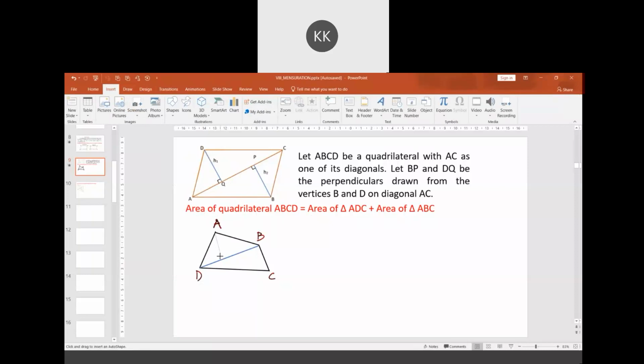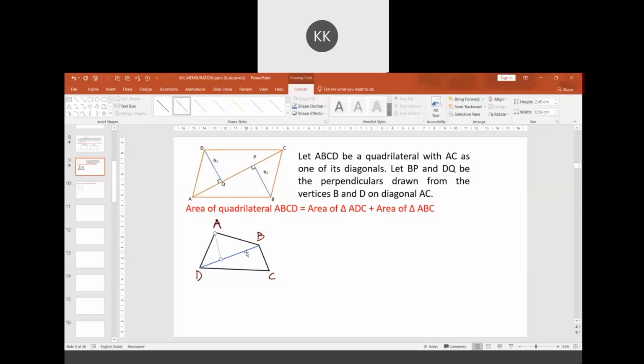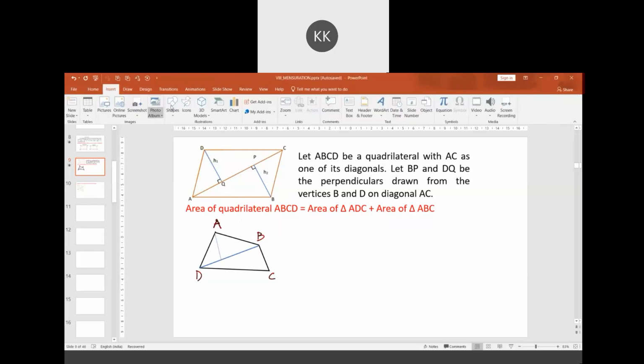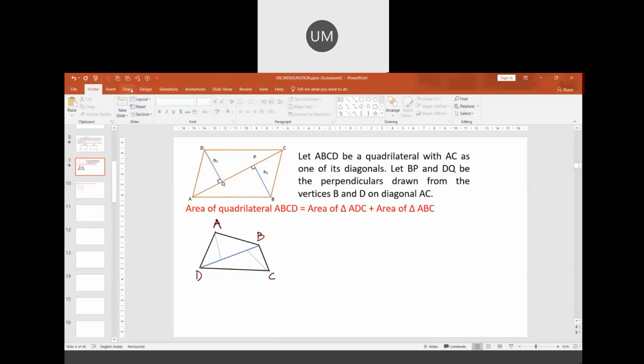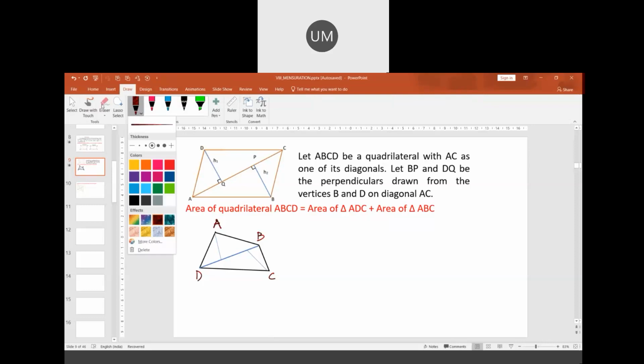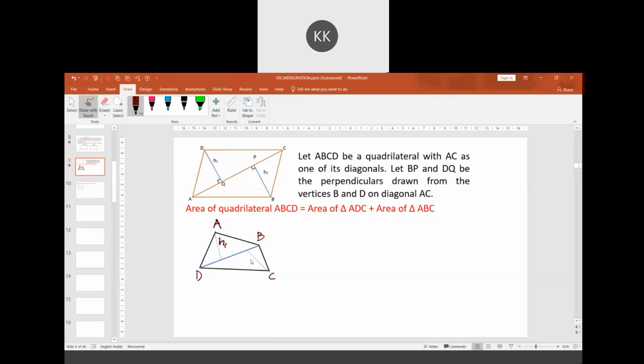One perpendicular from A, another perpendicular from C. If one of the perpendiculars is named H1, height 1, and the other perpendicular H2, you can divide this quadrilateral into two triangles.